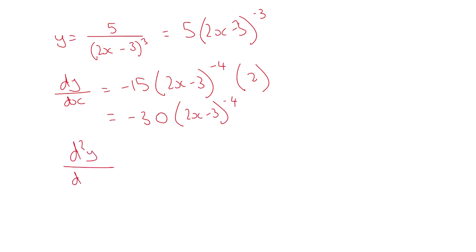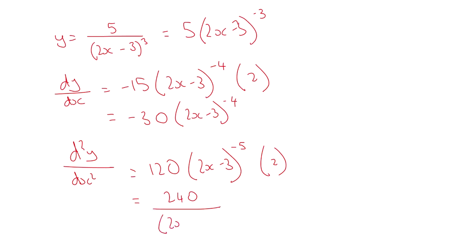Positive 120, because it's negative 30 times negative 4, times (2x minus 3) to the power of negative 5. Chain rule again, times 2. Now I'm done, so I can make sure everything has a positive power. So I've got 240, because these two are multiplying, all over (2x minus 3) to the power of 5.